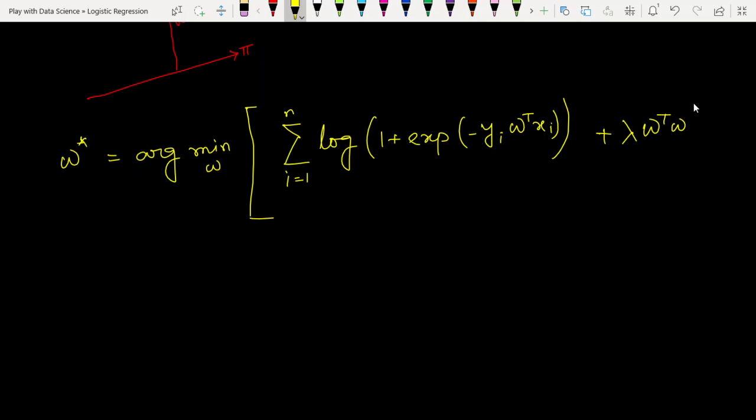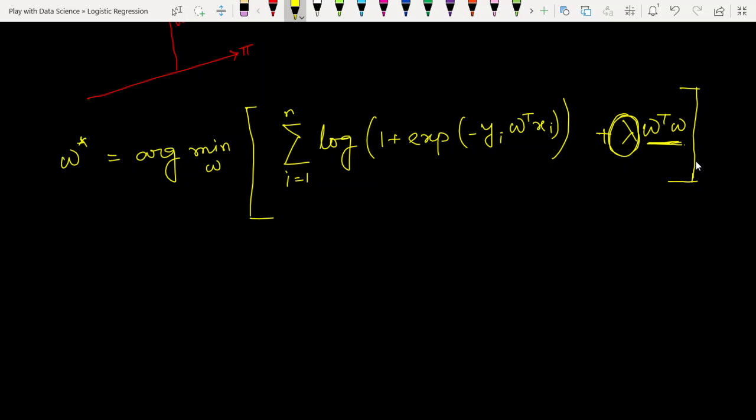Just don't be confused. What is lambda? We will discuss it. Just think about this term. Since W is normal to our plane, W transpose W is 1.